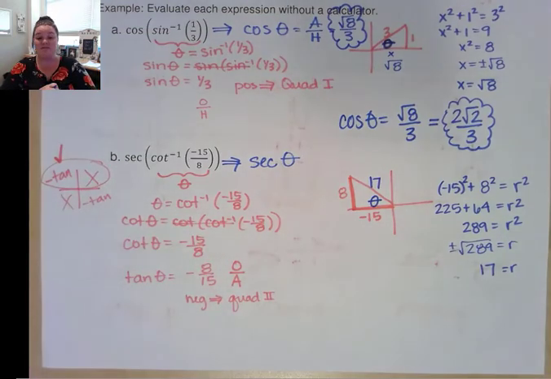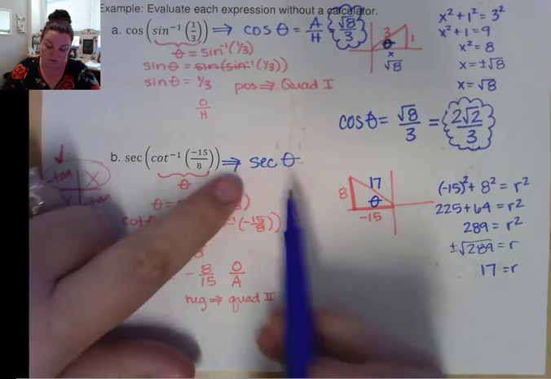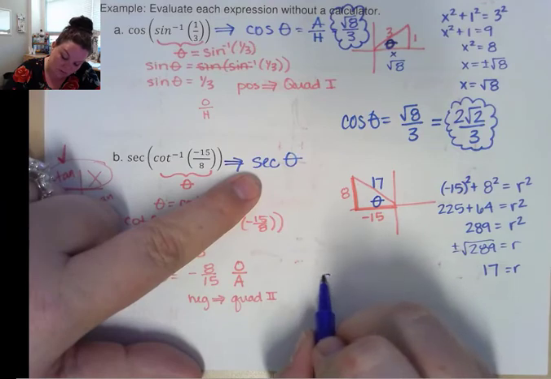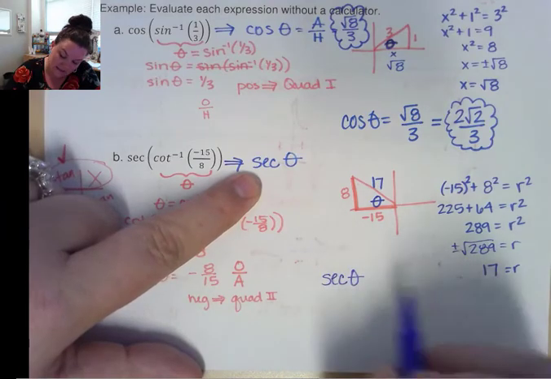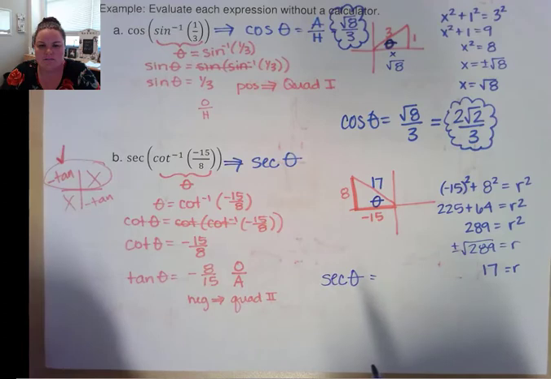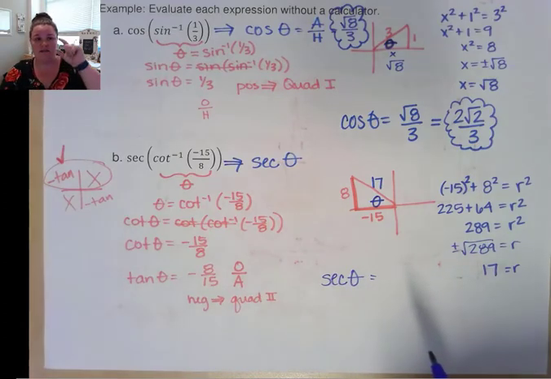Okay, so I know everything I need to know about this theta. So now what I'm looking to solve is the secant of theta. So remember, secant is related to cosine, right? Cosine is adjacent over hypotenuse.